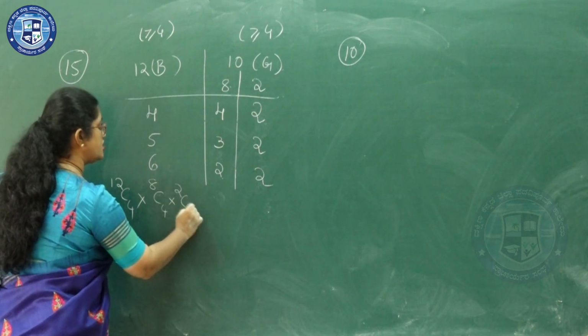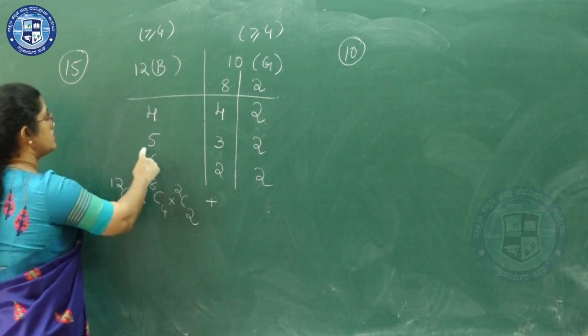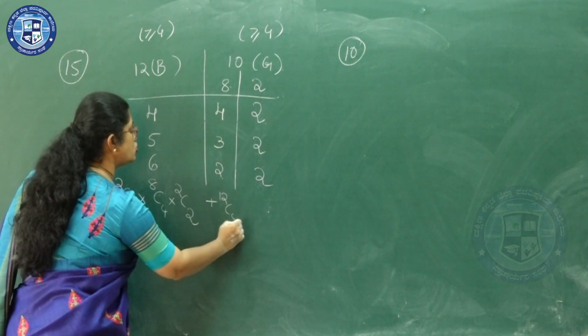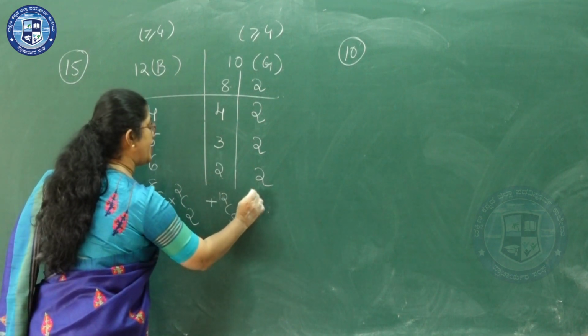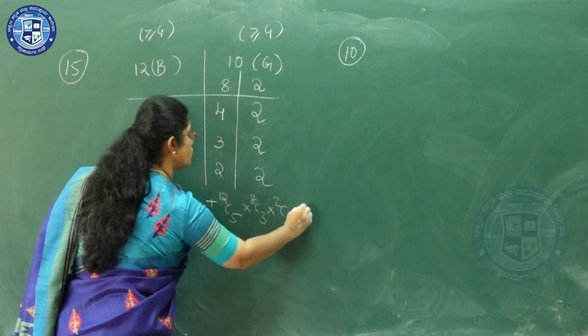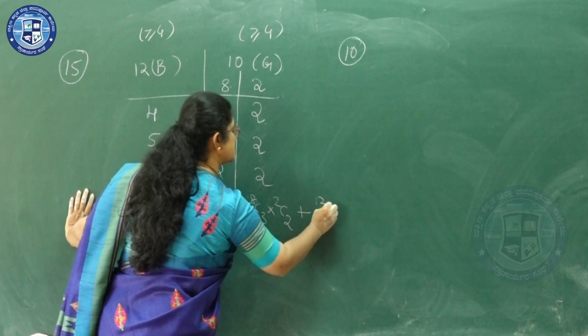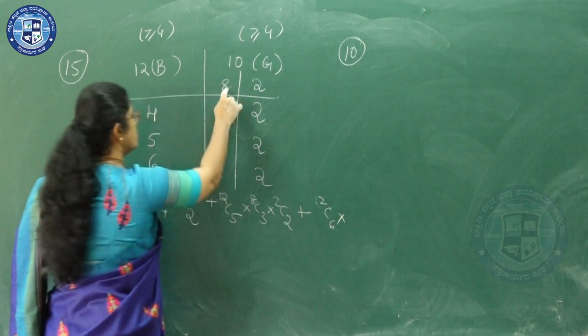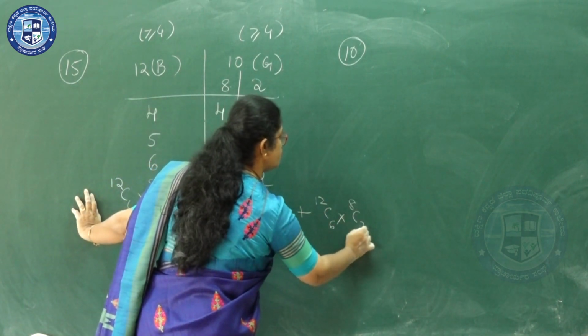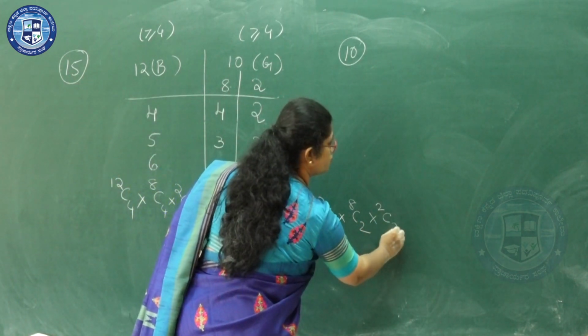I will write 2C2 plus, now the second row, from 12 choose 5, from 8 choose 3 and from 2 choose 2, or put a plus sign, from 12 choose 6 and from 8 choose 2 and from 2 you are choosing 2.